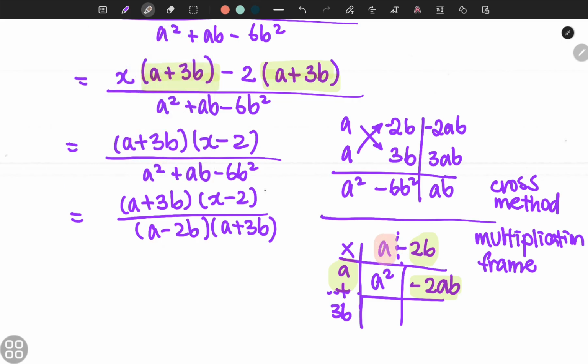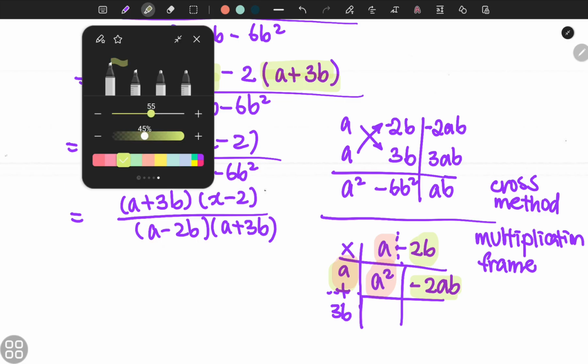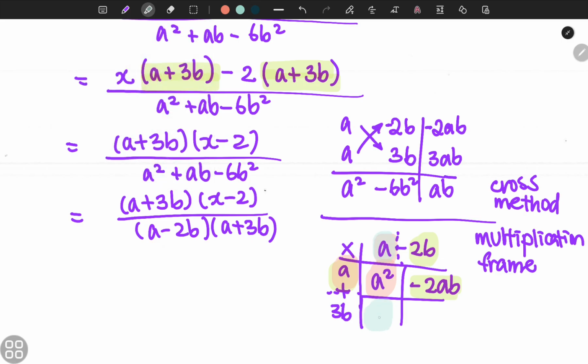Whereas this times this gives me this. Thirdly, if I want to find, for example, this portion here, that would be this times this to give me that. So that would be 3ab.